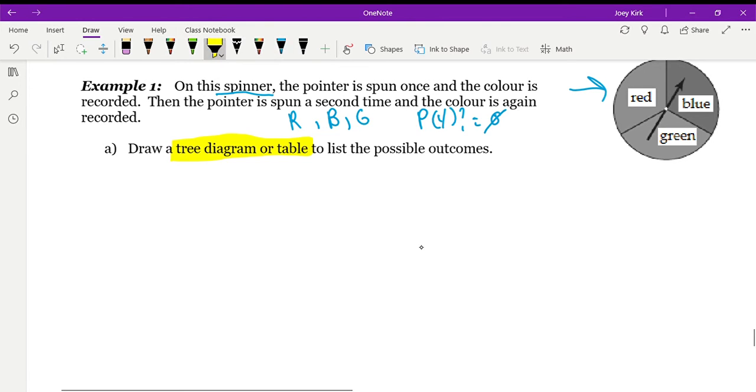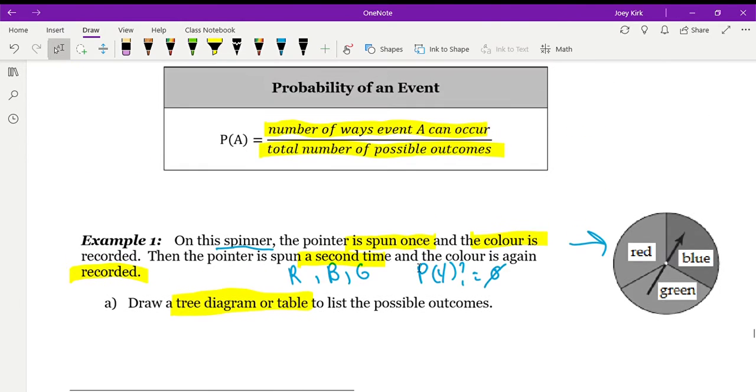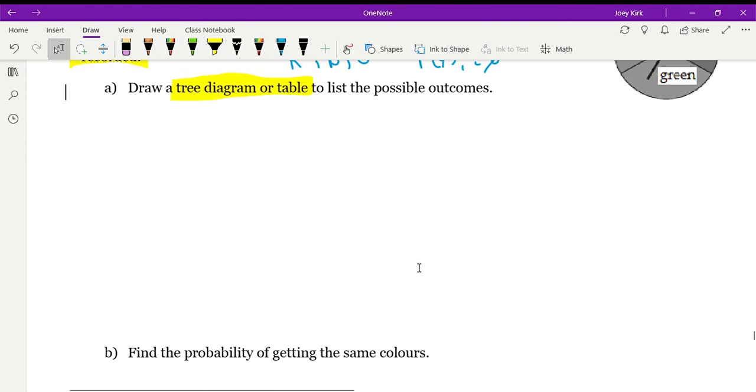So it sounds like what we're going to do is spin it once and record the color, and then spin it a second time and record the color. Okay? So the first way that I'll do it is my preferred way for bigger questions like this with more than 2 outcomes. So there's 3 possible outcomes per spin, right?